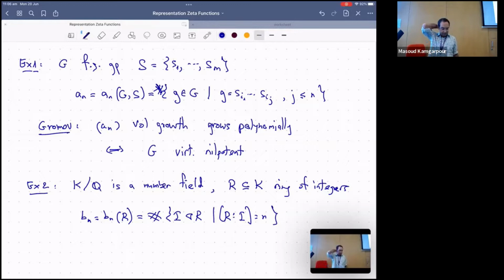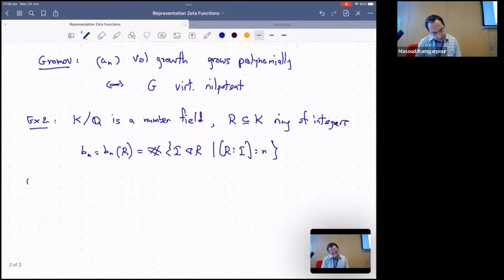So in this case, the sequence grows linearly, and this sequence is the basis for analytic number theory, and I will go back to this sequence soon.